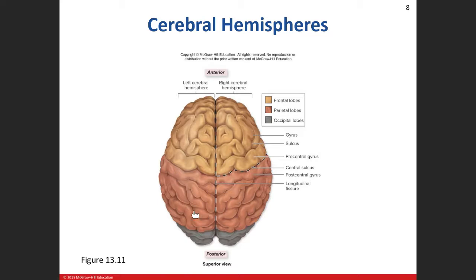So your parietal lobe is pretty much just for sensation. Conscious sensation is going to wind up here in the post-central gyrus.